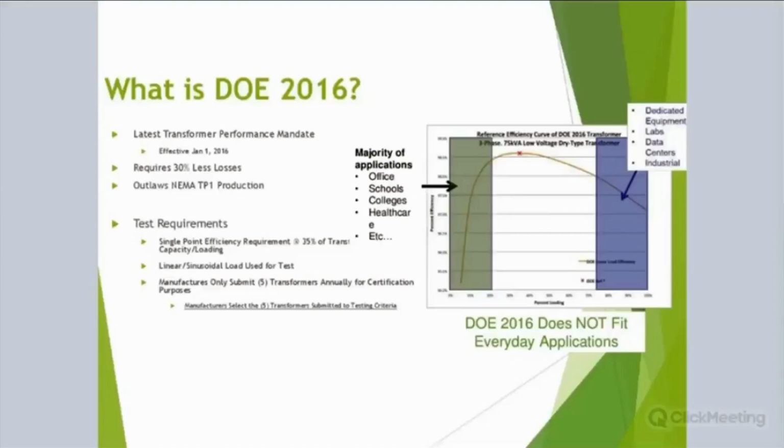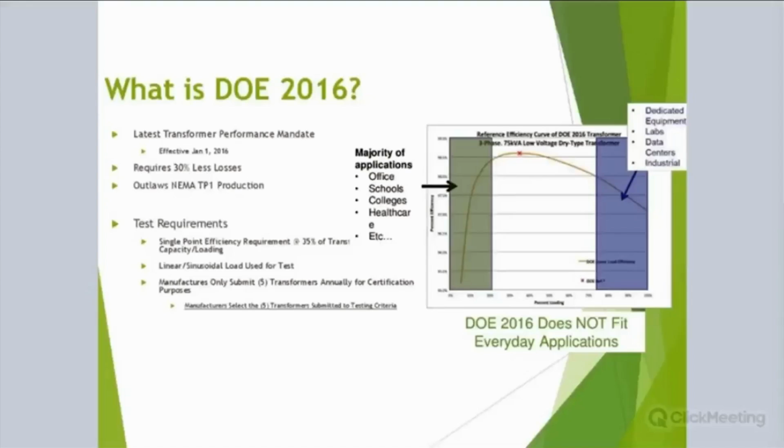And when this went into effect, transformer pricing did go up. However, what we'll point out is the Department of Energy was short on some of the requirements and also on making sure the manufacturers were holding up to those requirements. And we'll touch on that.